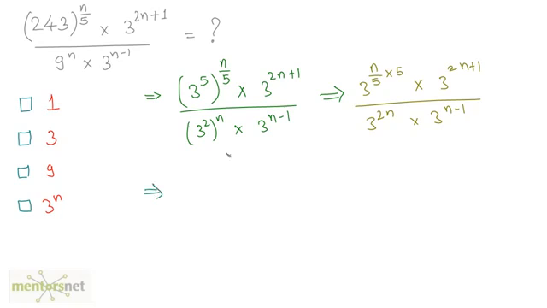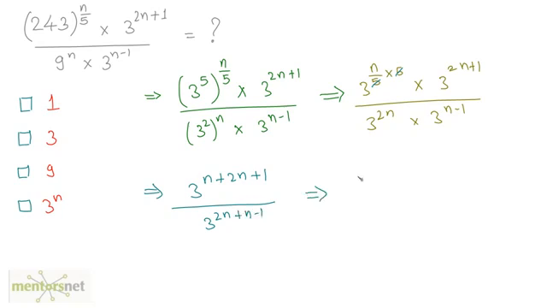Now in the numerator I have a raised to m times a raised to n, which is a raised to m plus n. Let us cancel 5 here. So I have n plus 2n plus 1, so n plus twice of n plus 1, divided by, again the same thing in the denominator. So 3 raised to 2n plus n minus 1.